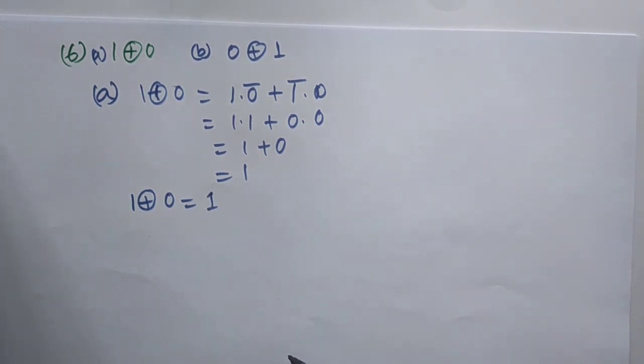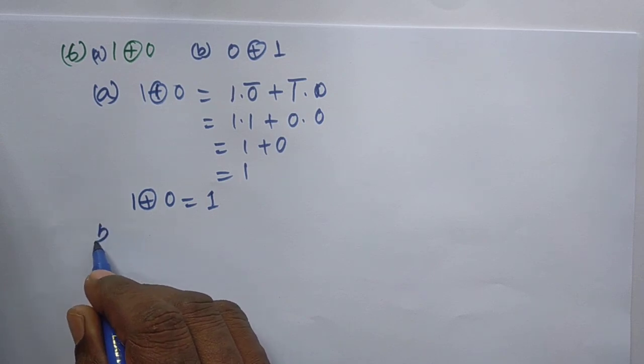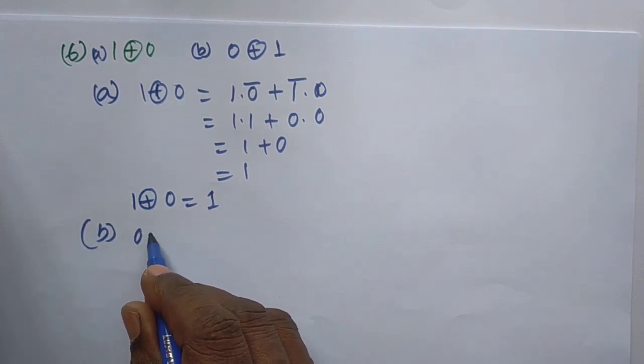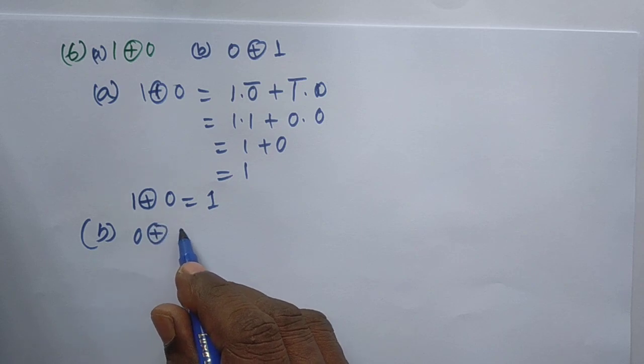Like this also we can get the value. There is some short question, objective question also given like this. What is the result? 1 XOR with 0 or 0 XOR with 1. Similarly, second case, 0 XOR with 1.